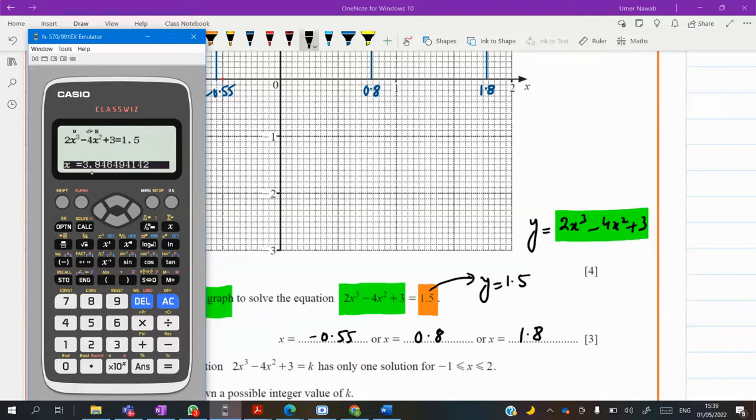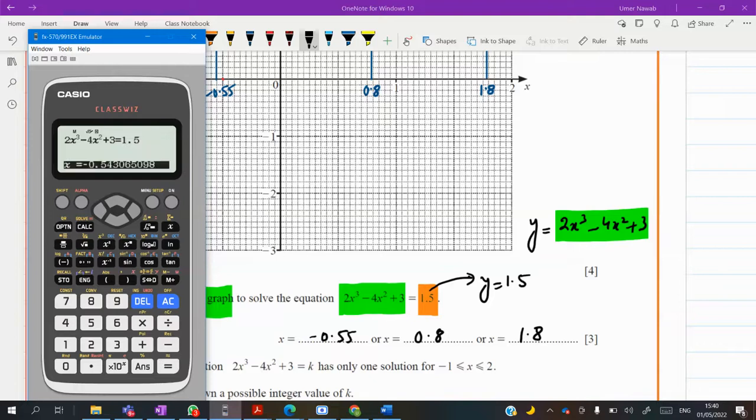The calculator will give you some initial guess. Change this guess to be closer to your first answer, minus 0.55. So I give my guess as minus 0.1. I'm commanding the calculator to give me the answer neighboring my guess. The calculator gave me minus 0.54, so my answer is 0.55. There is an error of 0.01. It's all fine, it's accepted by the examiner.